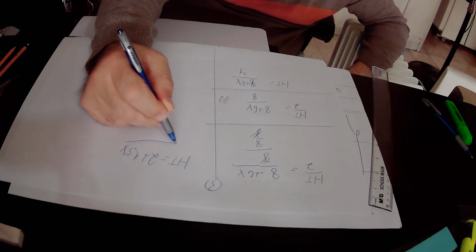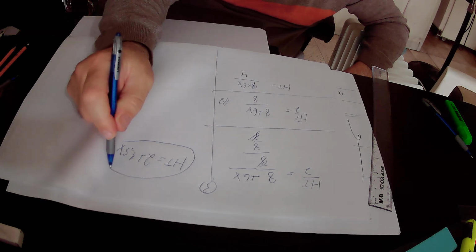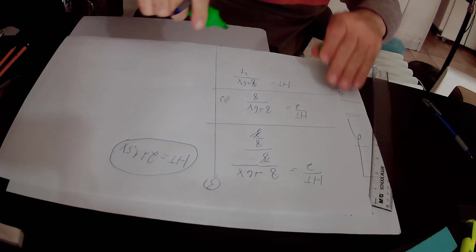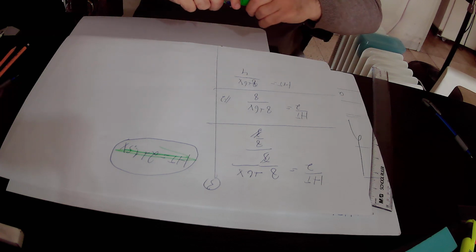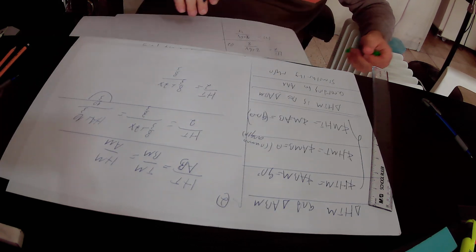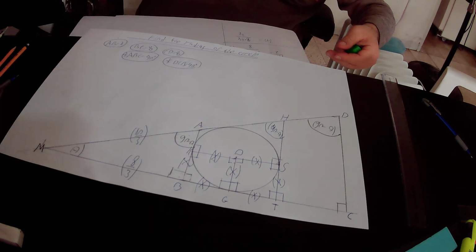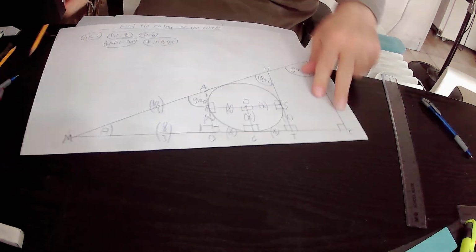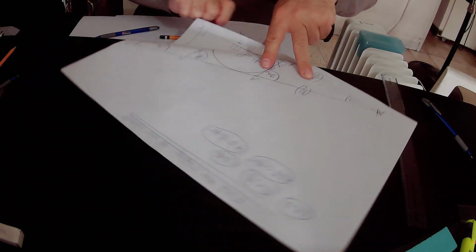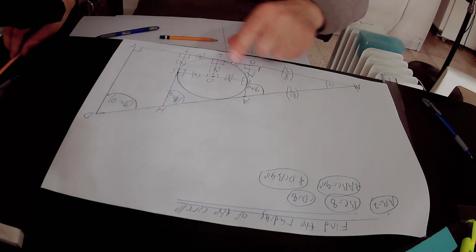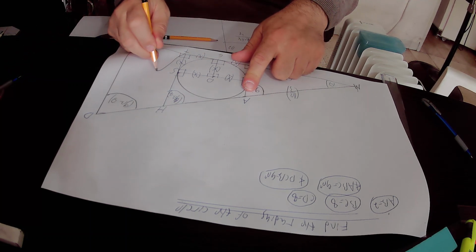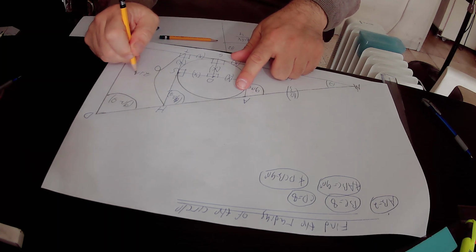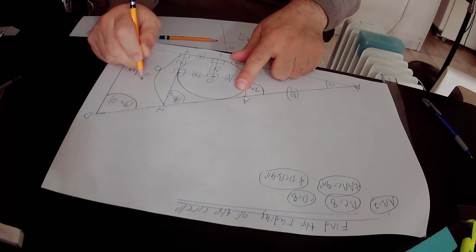In conclusion, we found out that line segment HT equals 2 plus 1.5x units in its length.